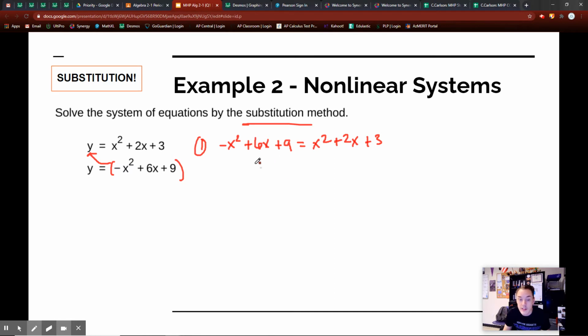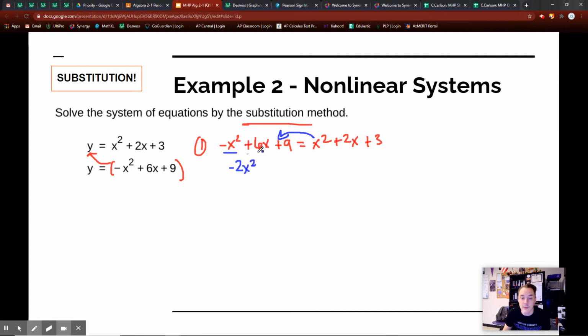So what will this look like? Well, we need to combine like terms, of course, and we also need to make sure everything's on one side of the equation. I'm going to move everything over to the left. If I subtract x squared, that means I have negative 2x squared.